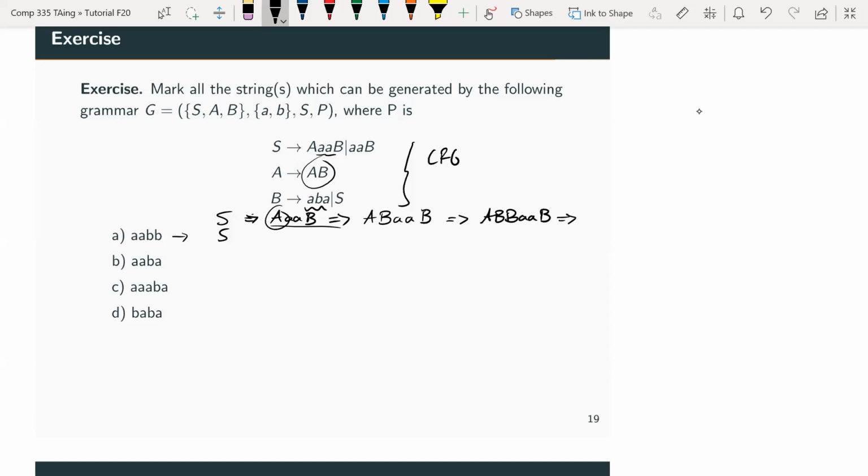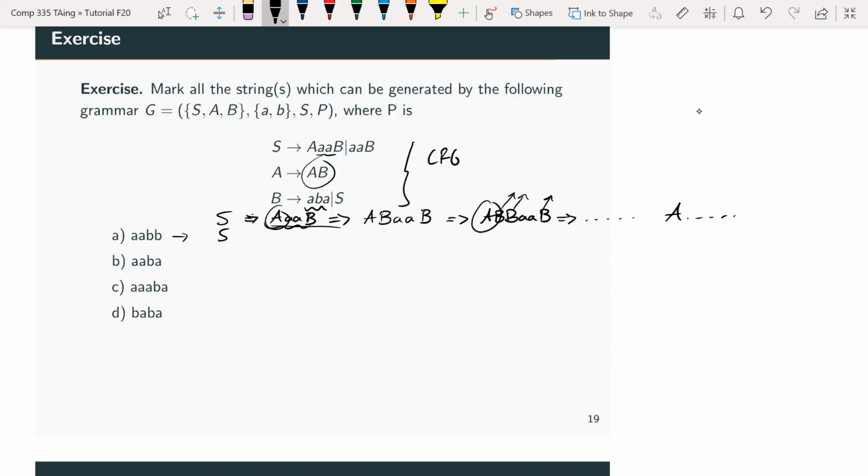So even if I replace all of these B's with terminals, I'm always going to be stuck with that single variable A. And so any derivation that takes this path is going to have A and then some terminal strings. So this essentially can never reach a terminal string.